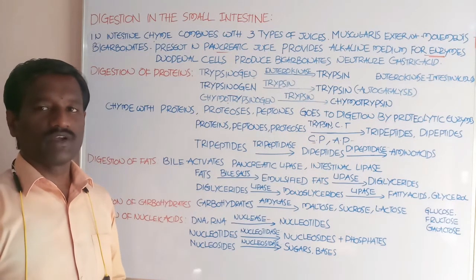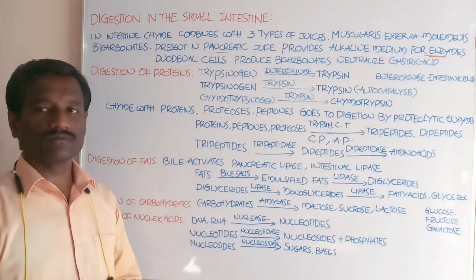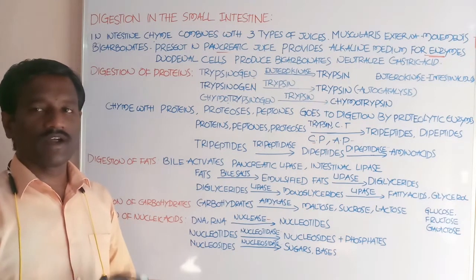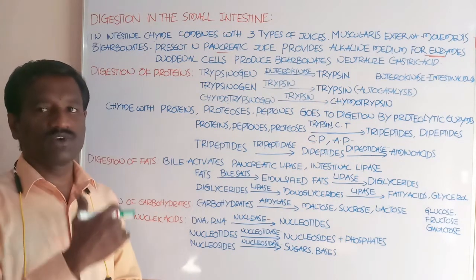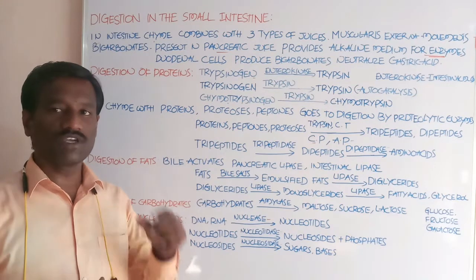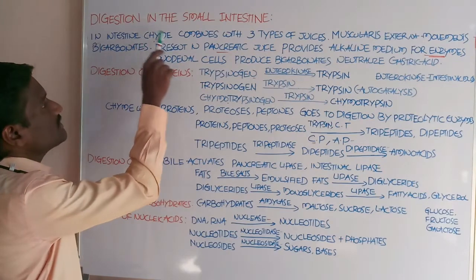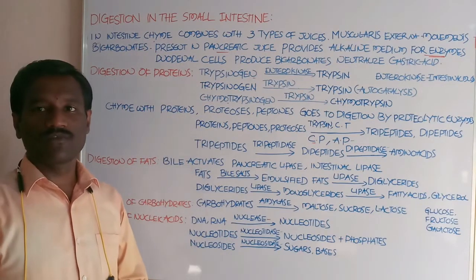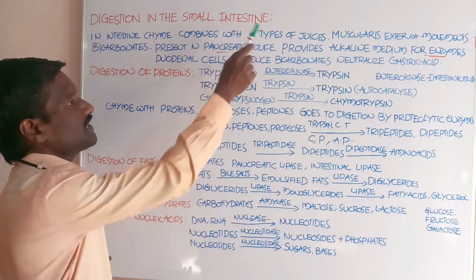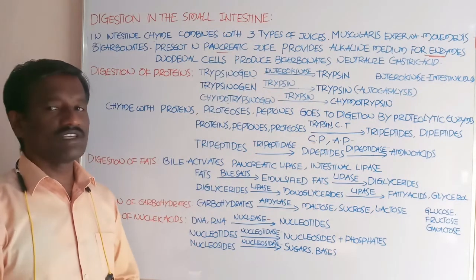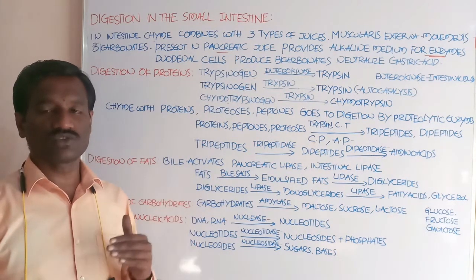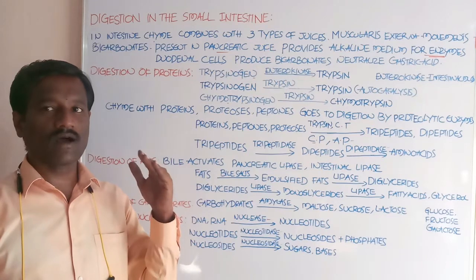Into the duodenum, food is entered with the help of the pyloric sphincter, and the chyme form of the food is mixed with three types of juices. These are intestinal juice, pancreatic juice, and bile juice.